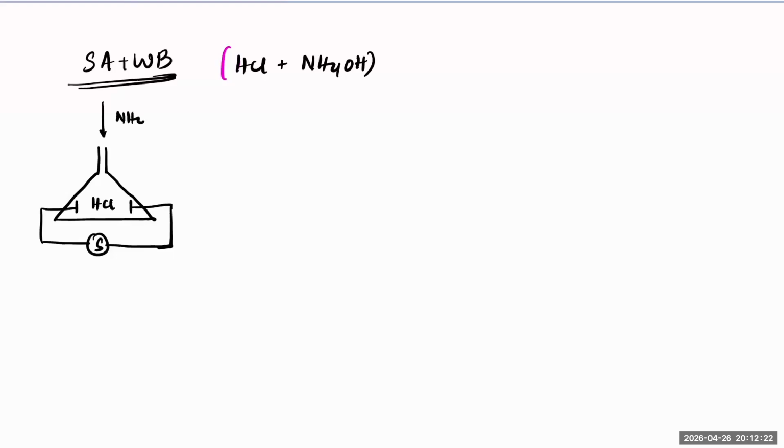Here the graph has to be analyzed in two different ways, everybody. The first way is when NH4OH is in the burette. In that case, I'm sure you can relate it without any note here. You should be able to relate lambda m versus volume of NH4OH added, because now it is about the volume of NH4OH added. So what will happen?